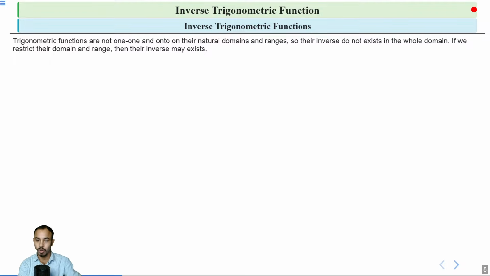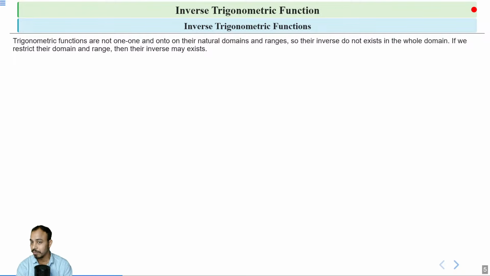If we see the whole domain of any trigonometric function, it is not one-one and onto on its natural domain and range. For example, the sin x function. Is the sin x function one-one and onto in its domain? Everyone write your answer, yes or no. Is the sin x function one-one and onto in the whole domain?